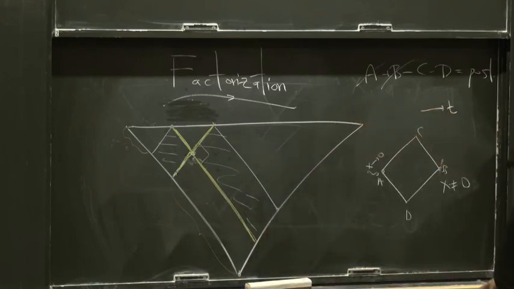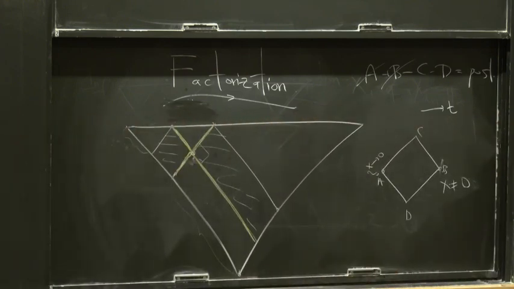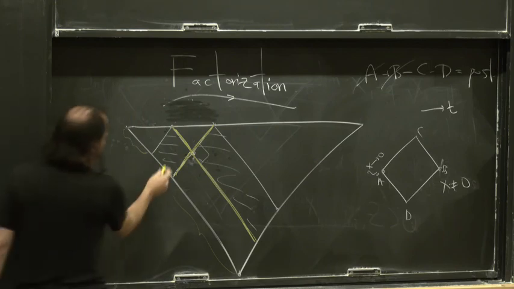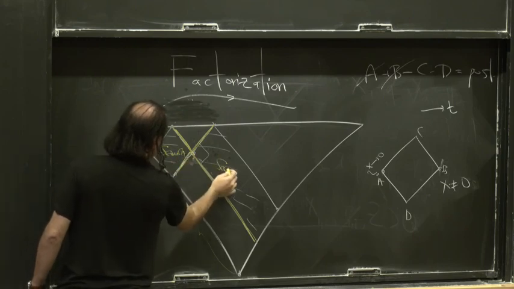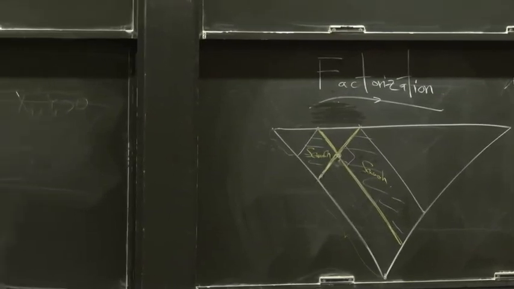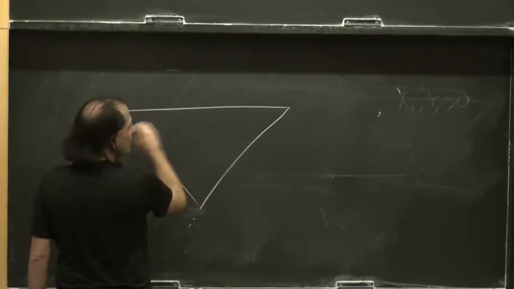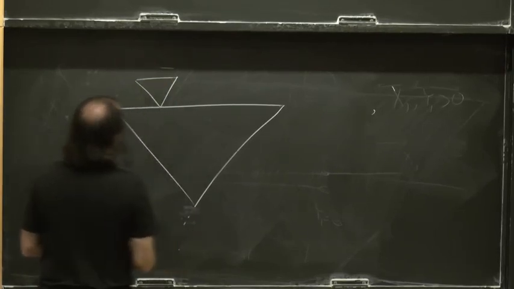And by scrunching, this is exactly the same as the following picture. So I'm now just going to scrunch away this region and that region. And what is the new picture that I get? The new picture that I get is a triangle on top of another triangle.